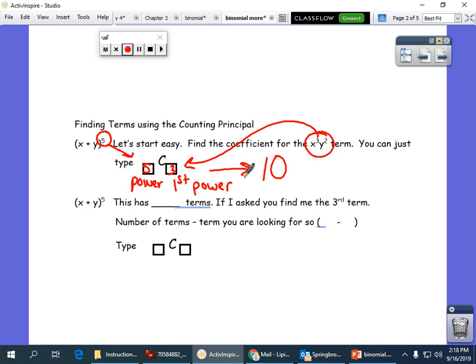When the item was squared, how many terms were there? 3. So the number of terms is always 1 more than the power. So how many terms does this have? 6. Number of terms is always 1 more than the power. If you need to write that down, write it down.